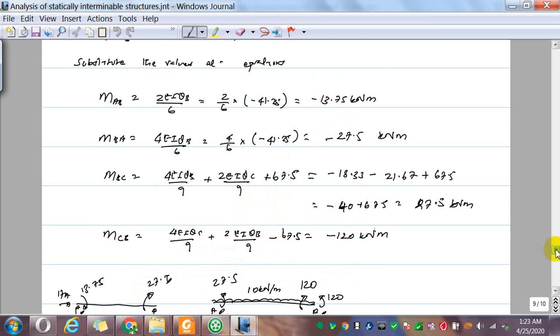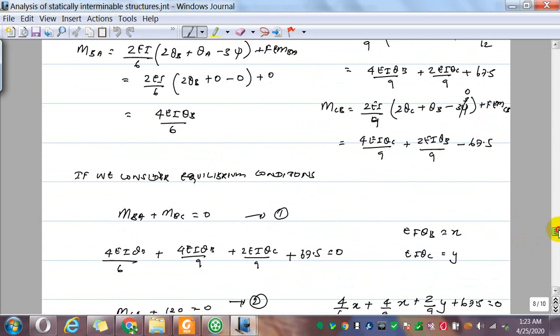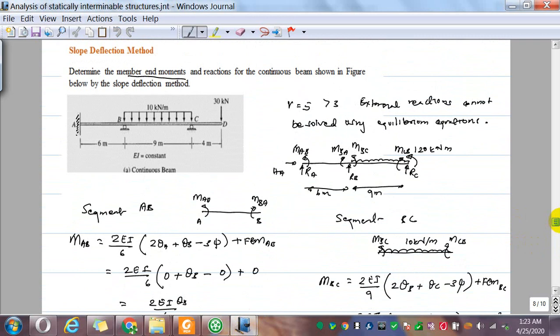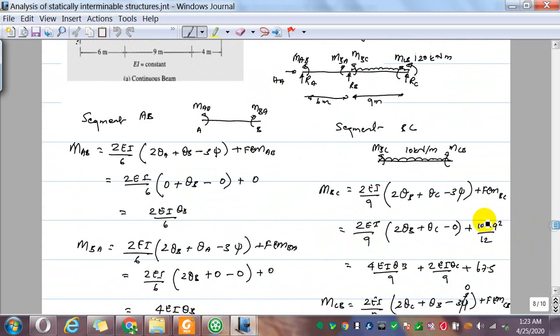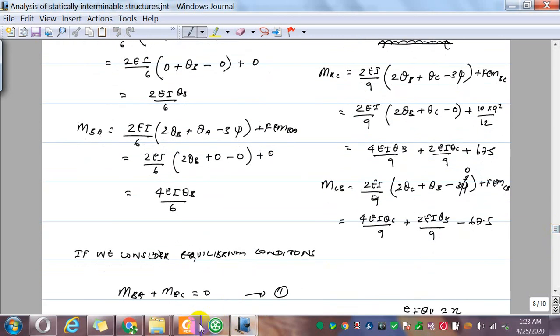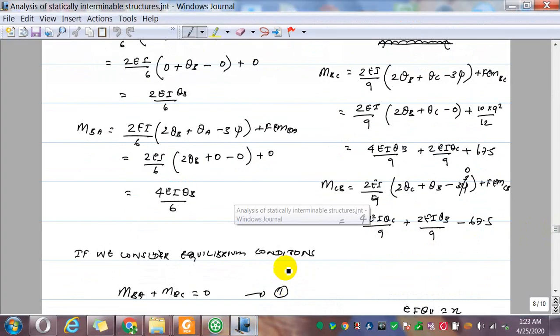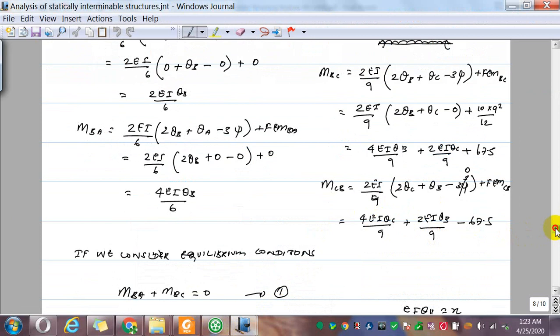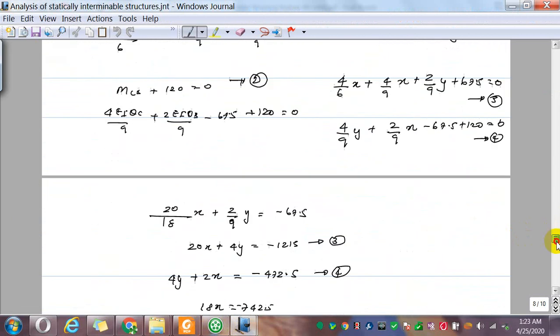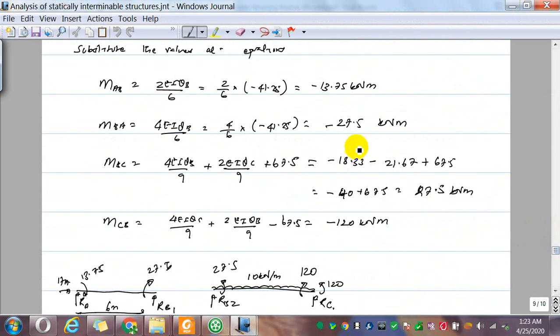So we assume the fixed end moment in counterclockwise to be positive. Okay, so when you consider BC, we consider counterclockwise fixed end moment as positive. Actually, as per the book, clockwise moment is positive, so please correct that as well. So when you assume a minus, then you will get the minus value.